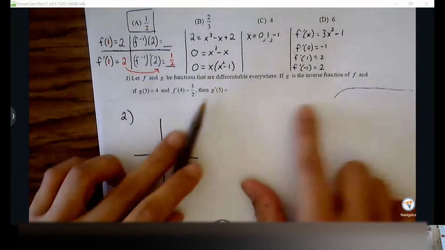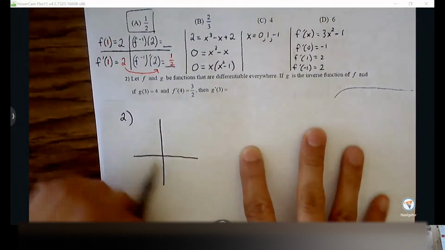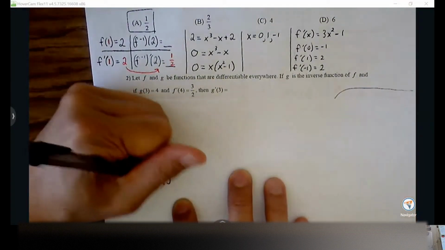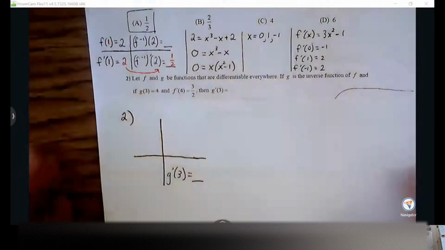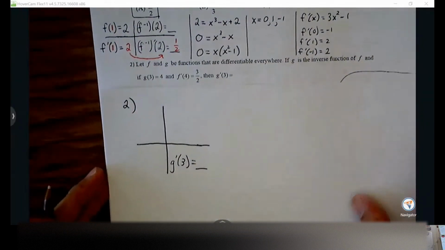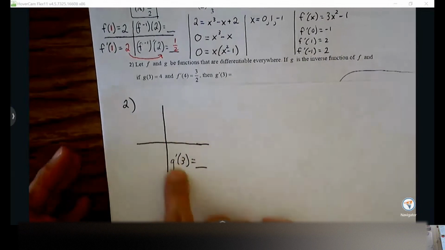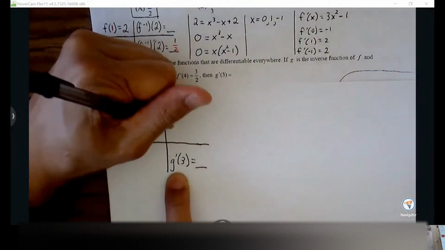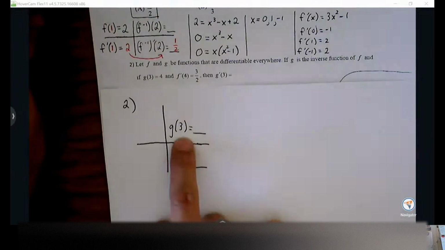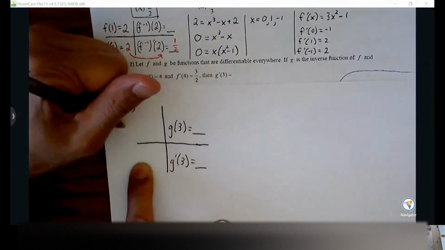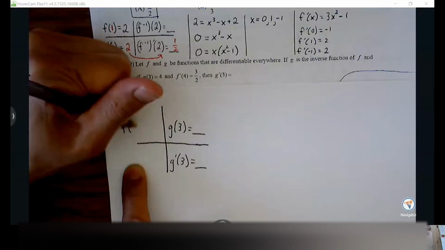I'm looking for g prime of 3. G and f are inverses. From here, I'm just going to work my way around. I know that 3 is the x value of my g function, which must also mean it's the y value of its inverse.